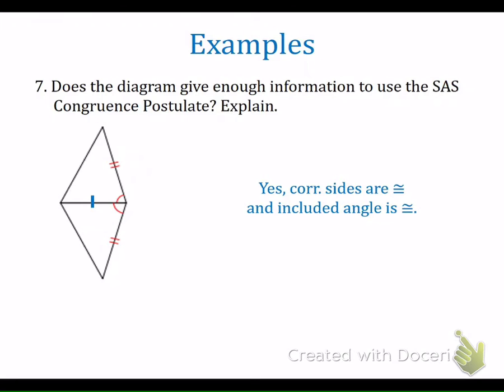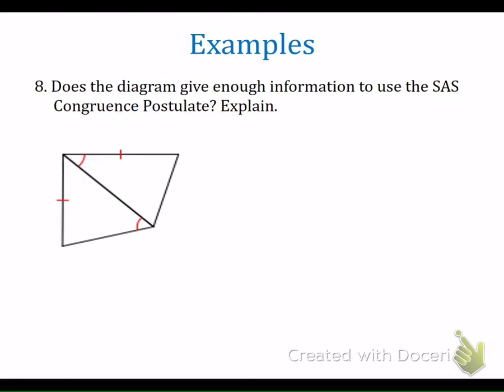All right, number 8 says, does the diagram give enough information to use SAS? So side, angle, side. So we have sides, right? And then this angle is right next to this side, but this one's way over here. You do know that these segments are congruent as well.